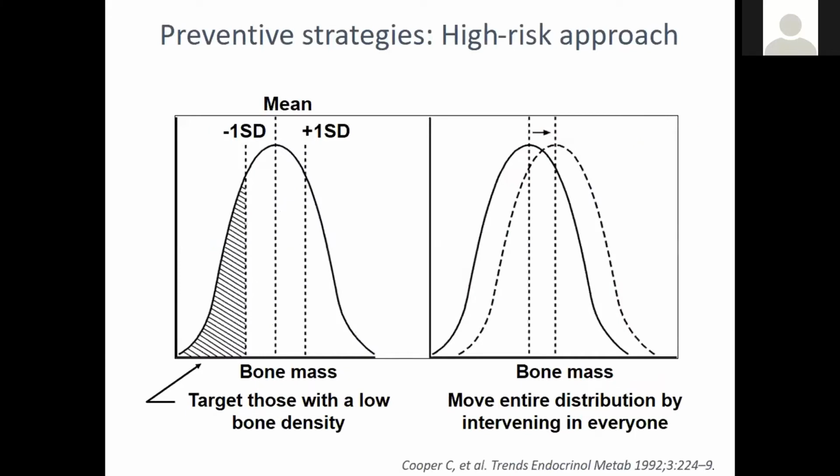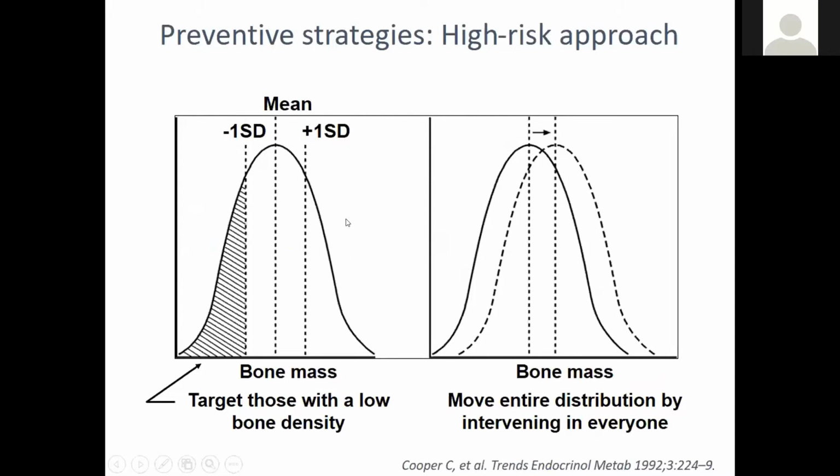And really, whatever technology we apply, what we're trying to do is two things when we think about the public health management of osteoporosis. On the right-hand side of this slide, from a public health standpoint, we're very interested in improving everyone's bone health, so we would like to shift the bone density of the whole population to the right.